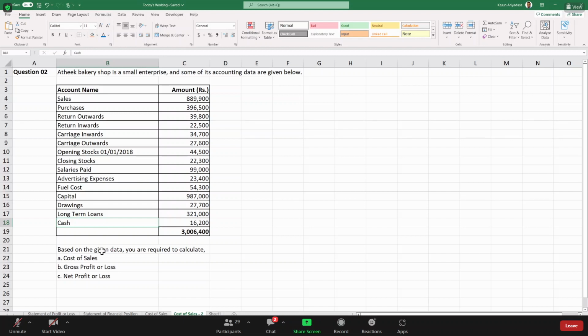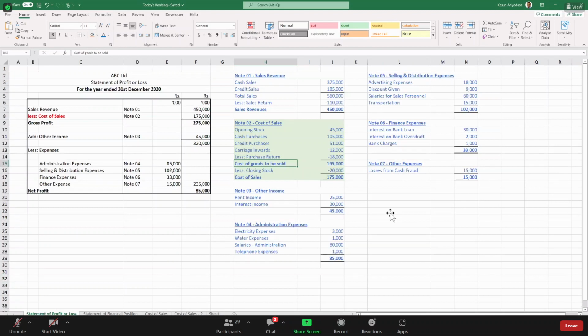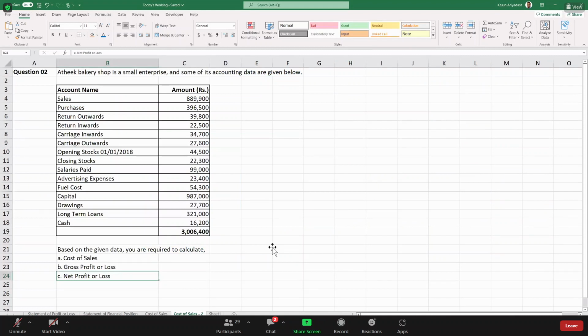And by taking the relevant transactions, I want you to calculate the cost of sales. I want you to calculate the gross profit or loss. I want you to calculate the net profit or loss. And for your benefit, you can think and do.